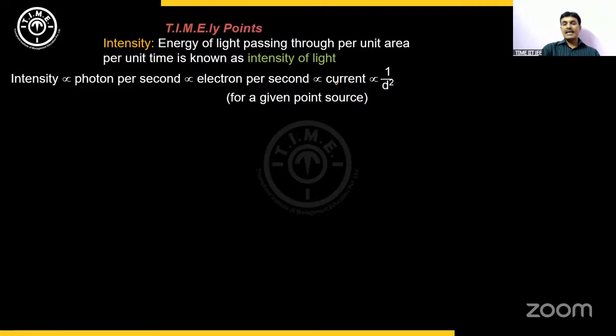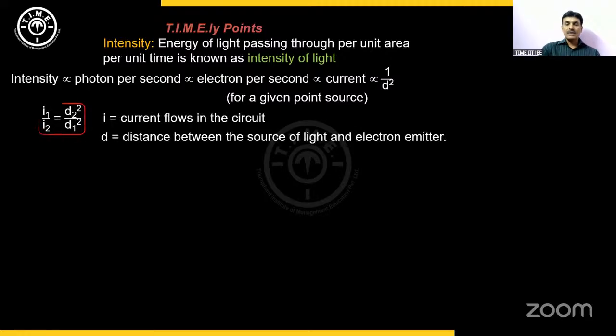So this current is inversely proportional to square of the distance of the source from the metal plate. Okay, D is the distance between source of radiation and the metal surface. So from this, current and distance are related to each other as I is inversely proportional to D square.